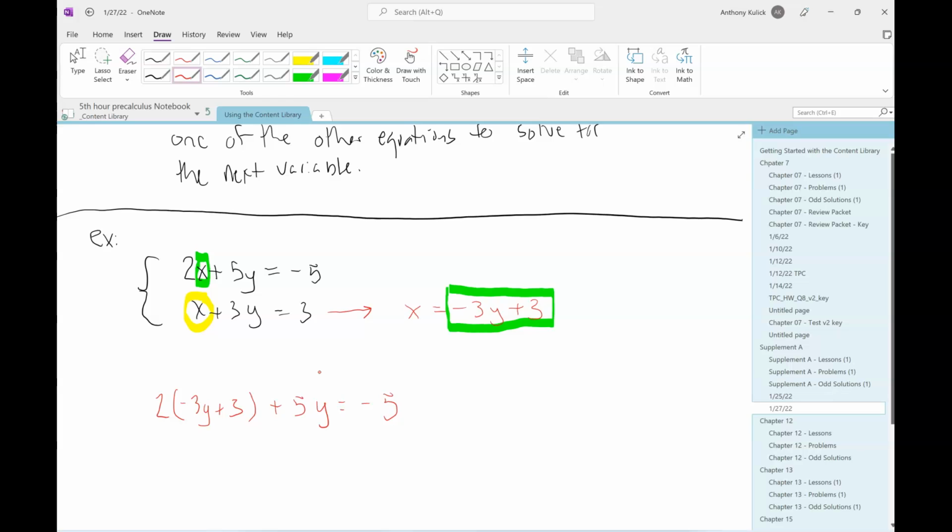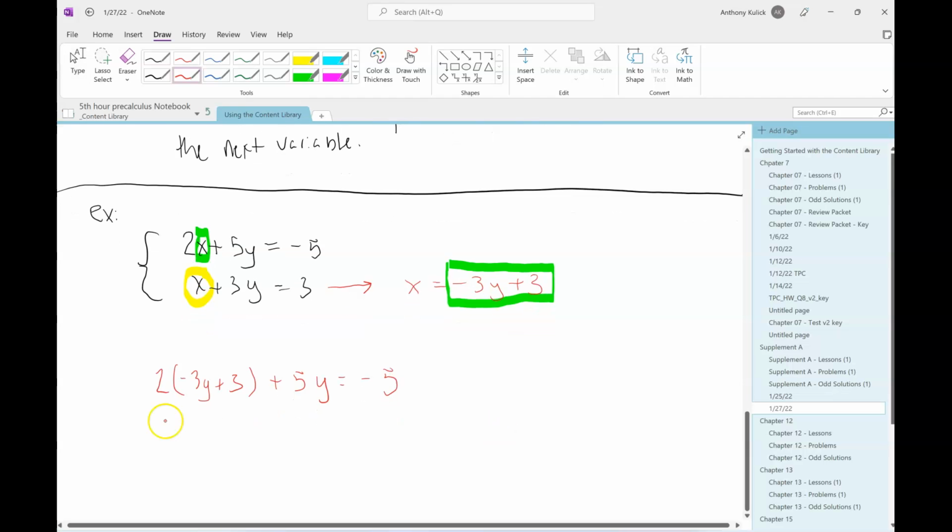Notice after doing that, the equation that I now have only has y variables in it. I have no more x's. Since I have only one kind of variable in my equation, I can now solve for that variable.